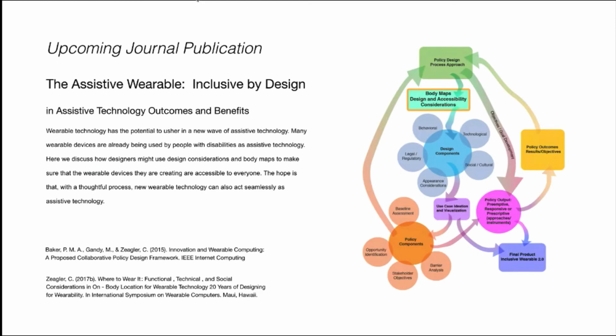But what it also does, which I think is interesting, is place the body maps or even boundary objects and talk about where that should happen or where that could happen in the design process. This design process that you see up here is actually a larger process that includes policy, because at the Wearable Computing Center, we have a couple of people that work on policy design.